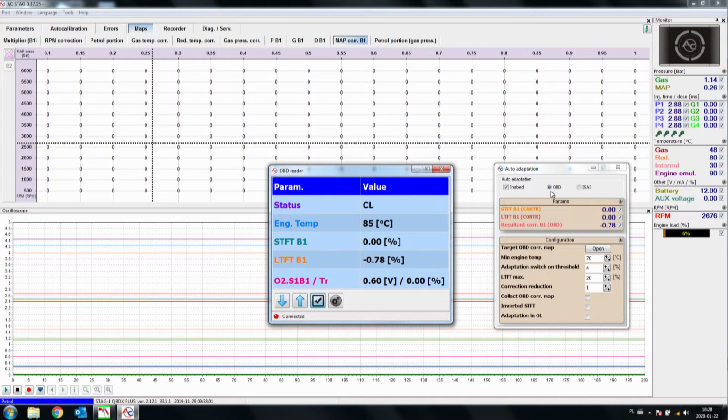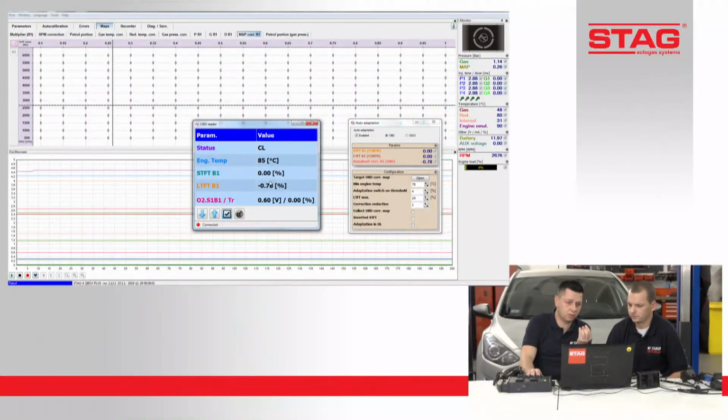The system in OBD auto adaptation is looking at the STFT and LTFT parameters, short-term fuel trim and long-term fuel trim. According to those changes, the ECU of the car is making changes in correction, right? The engine has some sensors, and depending on the information of the sensors, the ECU of the car is changing the mixture.